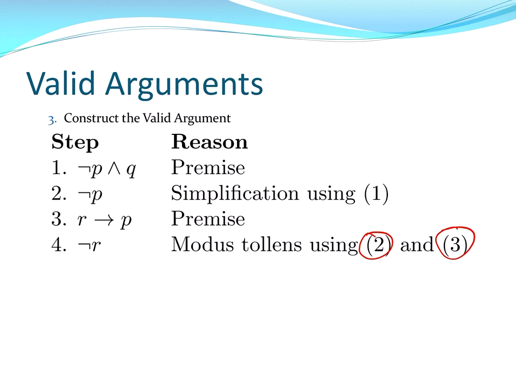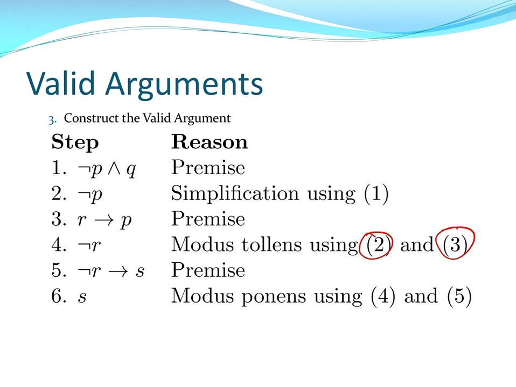Okay, the next premise is the negation of R implies S. From line 4, I know that the negation of R is true. And if negation of R implies S, then I can conclude by modus ponens, in this case by 4 and 5, that S is true. And I have one more premise that I can write down.